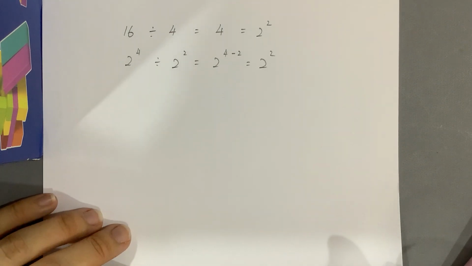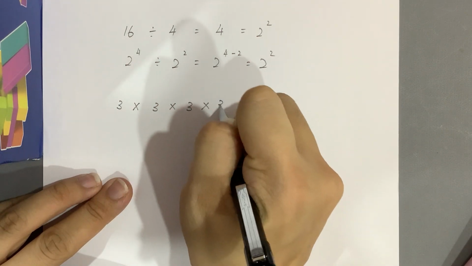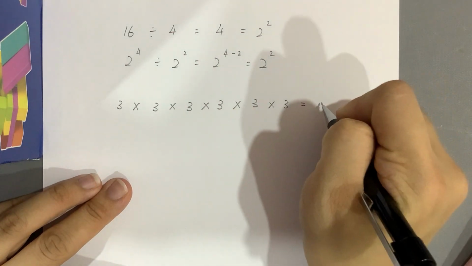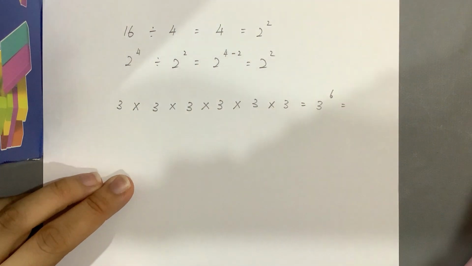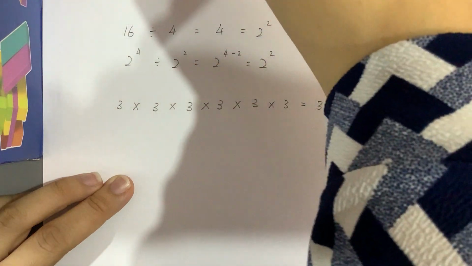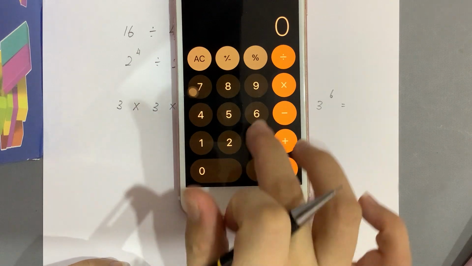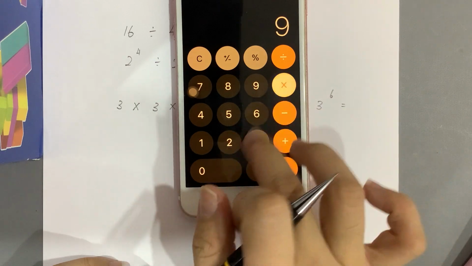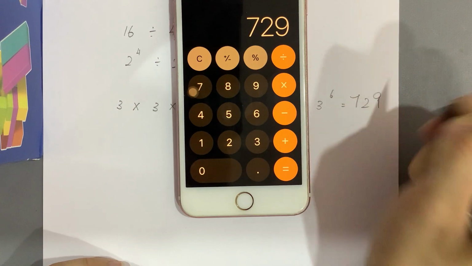Let's see. So if it's 3 times 3 times 3 times 3 times 3 times 3 equals 3 to the power of 6, which will give you, let me count, 1, 2, 3, 4, 5, 6, 7, 2, 9.